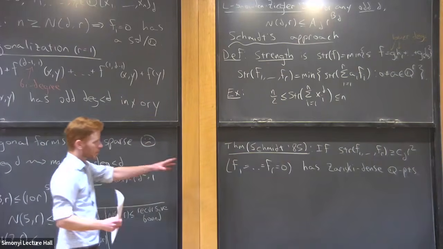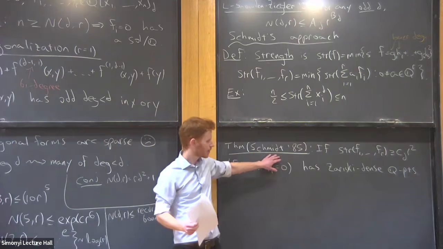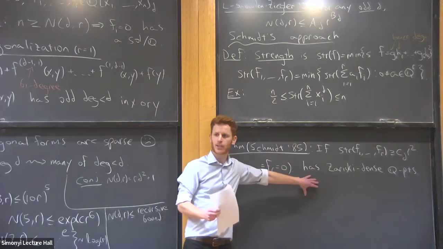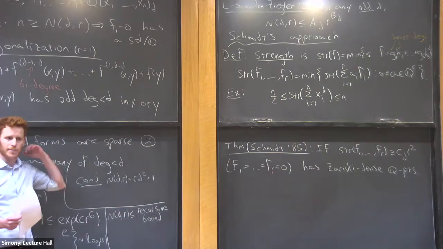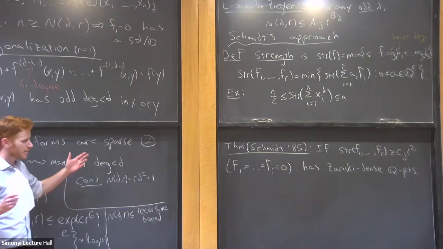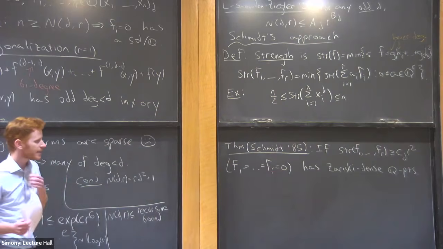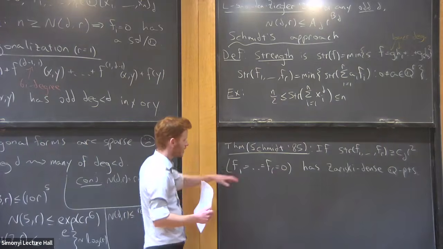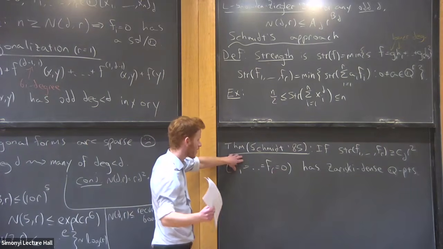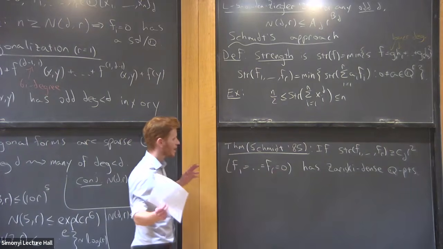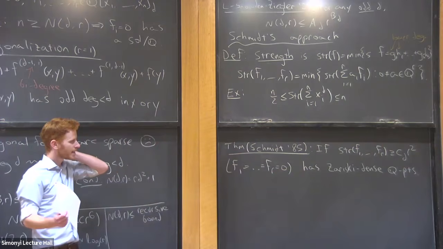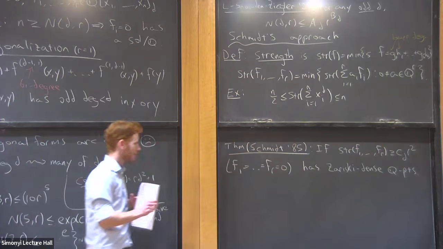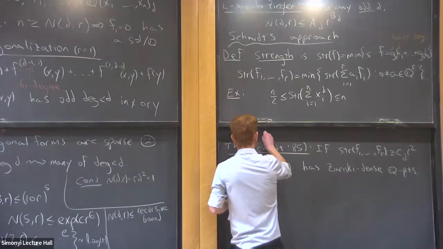Okay, so what does Schmidt prove in his paper? He actually proves something much stronger than this. He proves an asymptotic formula for counting the number of integer solutions in boxes. And as far as I know, Skinner's paper called Weak Approximation for Number Fields from '97, I believe.